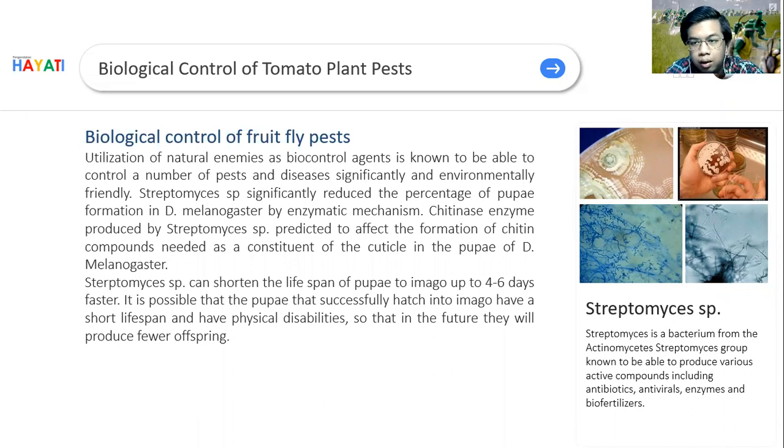So we can see the Streptomyces picture. Streptomyces is a bacterium from the Actinomycetes group, known to be able to produce various active compounds including antibiotics, antivirals, enzymes, and biofertilizer.